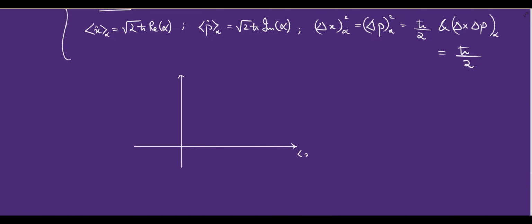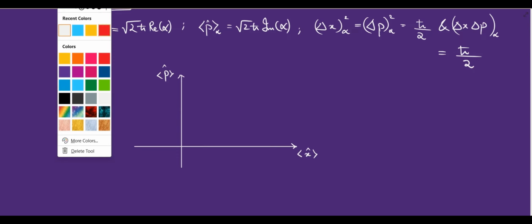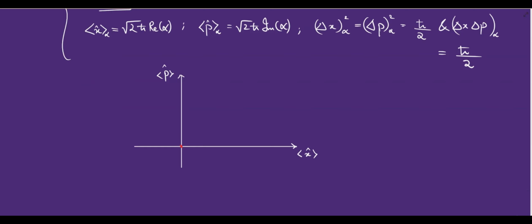So the quantum phase space, if you recall, I had said that the x-axis represents the expectation value of the position and the y-axis represents the expectation value of the momentum. So the vacuum state will lie on the origin of this quantum phase space.